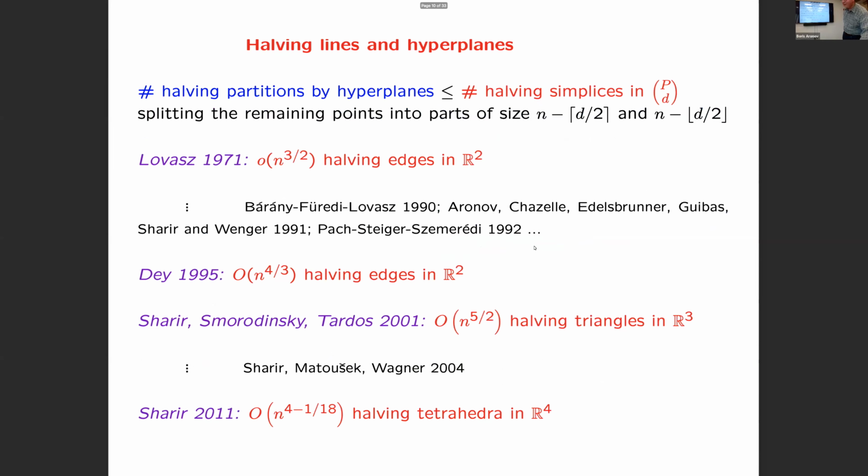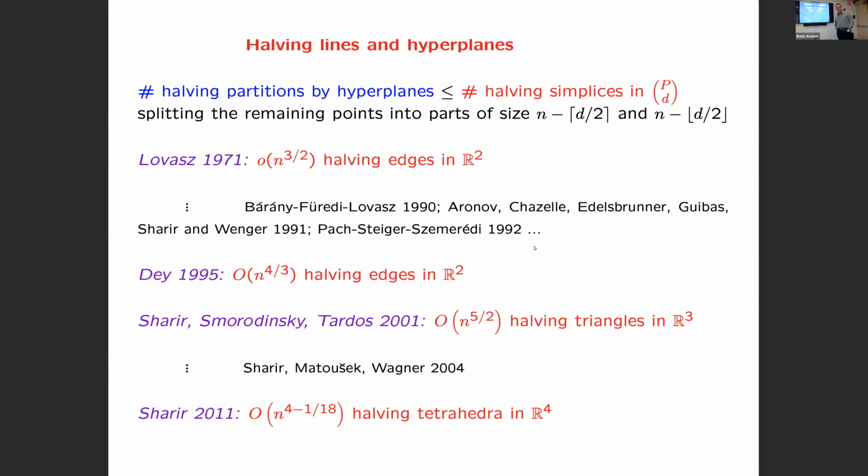The same, of course, holds in higher dimensions. So we are dealing with the so-called halving simplices, so that the supporting hyperplanes are splitting the remaining point set evenly, or almost evenly. In fact, Lovász showed that the number of halving edges was smaller than order of n to the power of 3/2, and there was a massive body of work.